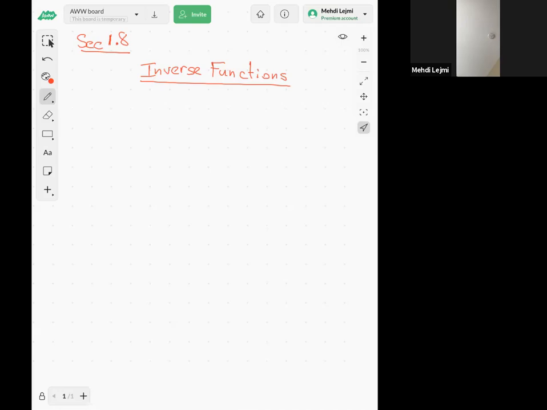So we have a similar notion for functions, and that's what we call inverse functions. It's not really a reciprocal of the function, but it's kind of similar. So here's the definition of the inverse function.